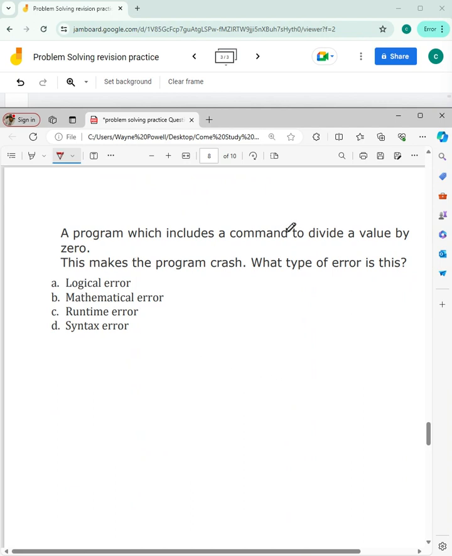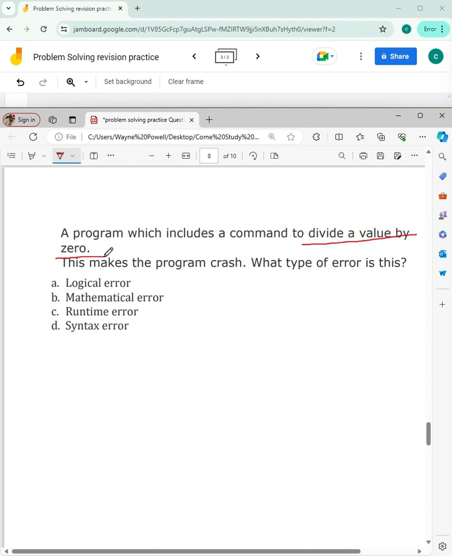A program which includes a command to divide a value by 0. You would have covered different types of programming errors: logical errors, runtime errors, and syntax errors. So which one is divide by 0?